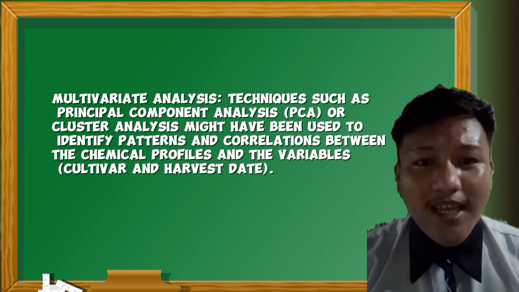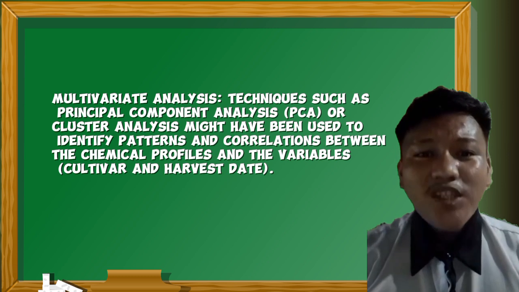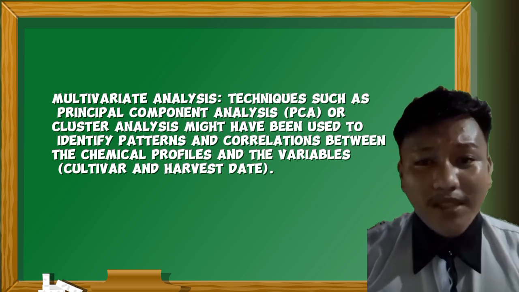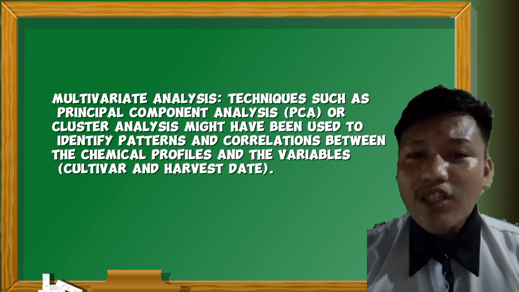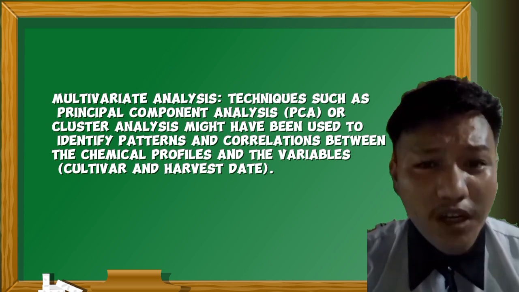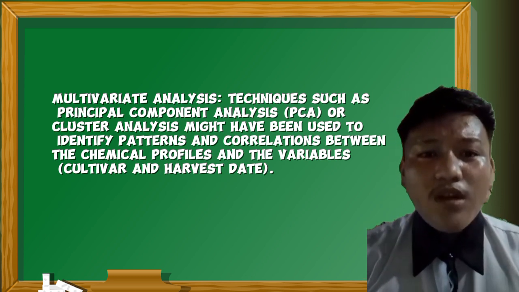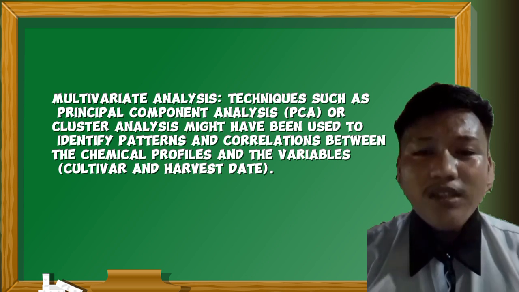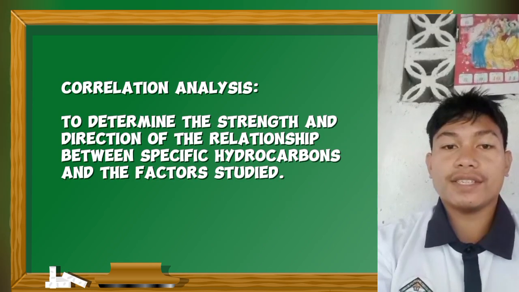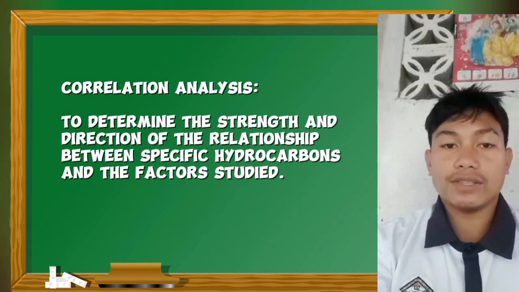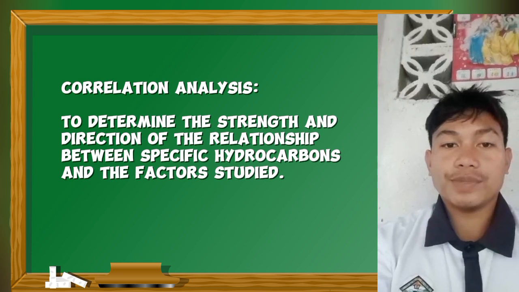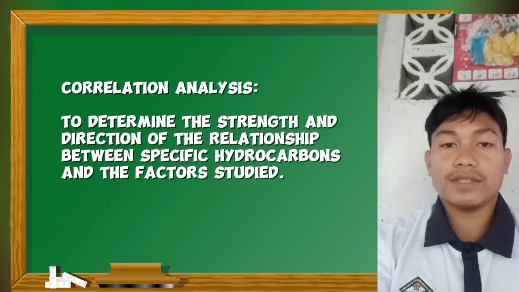Multivariate analysis techniques such as principal components analysis, PCA, or cluster analysis might have been used to identify pattern correlations between chemical profiles and the variables cultivar and harvest date. Correlation analysis to determine the strength and direction of the relationship between specific hydrocarbons and the factors studied.